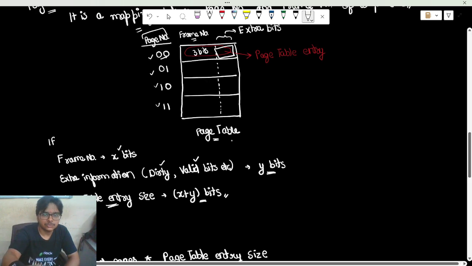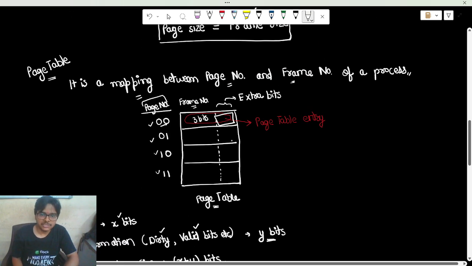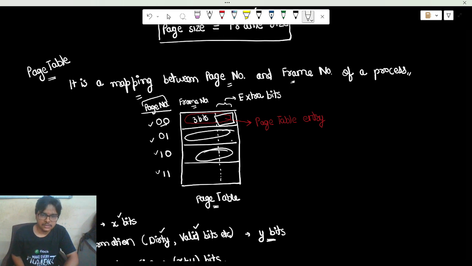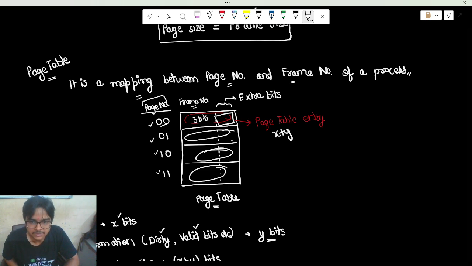This whole row is one entry of the page table, and this entry has a size of X plus Y bits, where X is the bits required for the frame number, and Y is for extra information.